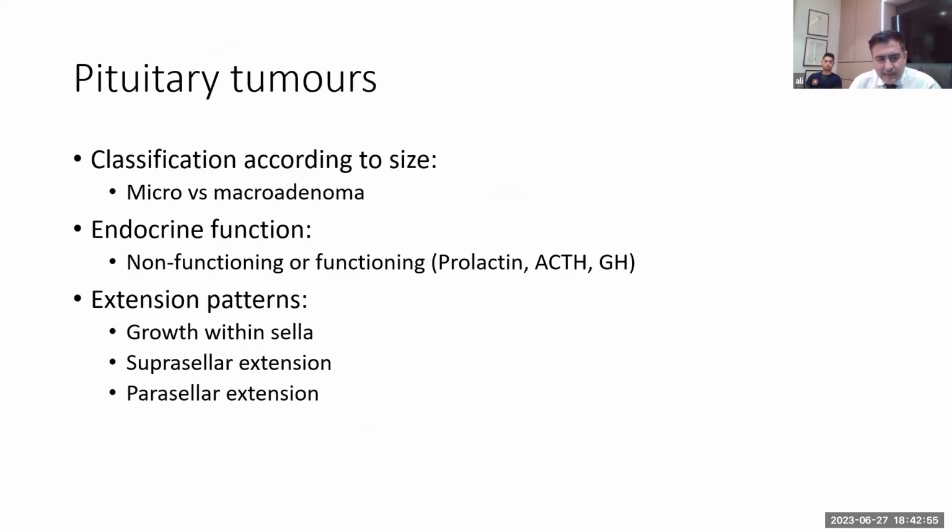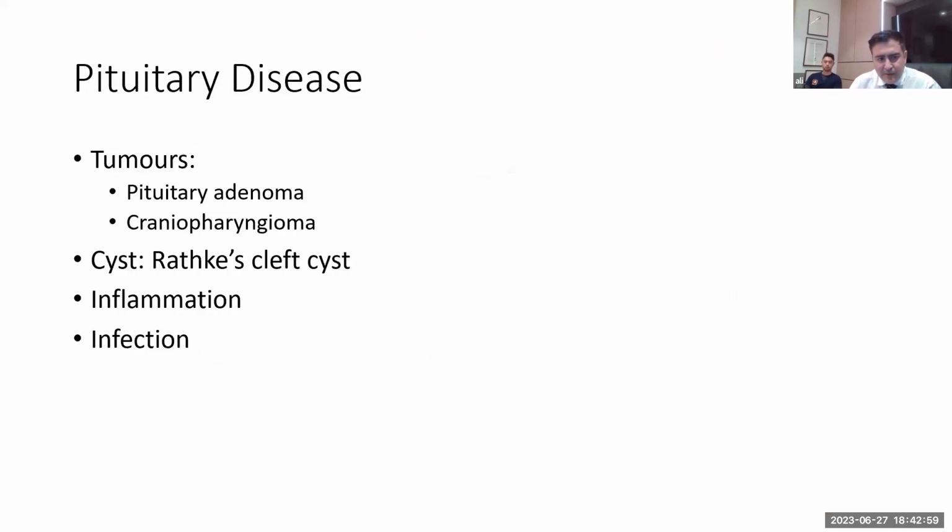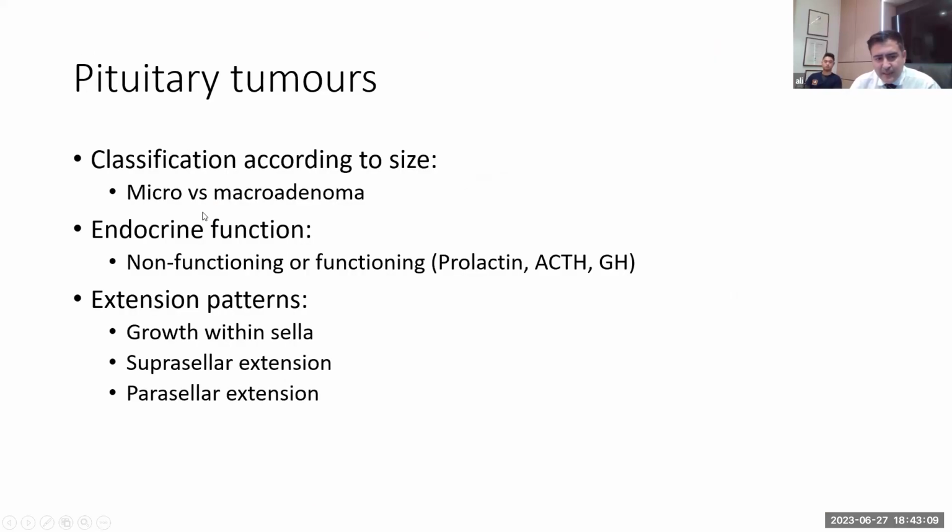So we talked about these things now. We said that the most common pathology that we deal with in sellar and pituitary pathology is pituitary adenoma. And a pituitary adenoma can be classified according to its size. A small lesion is a microadenoma, less than 1 centimeter.